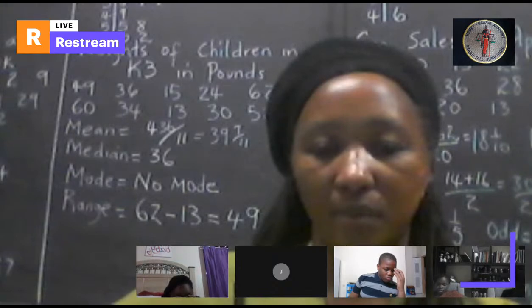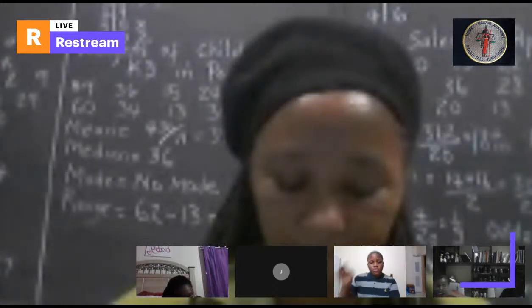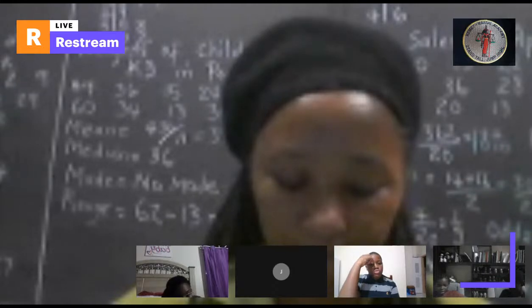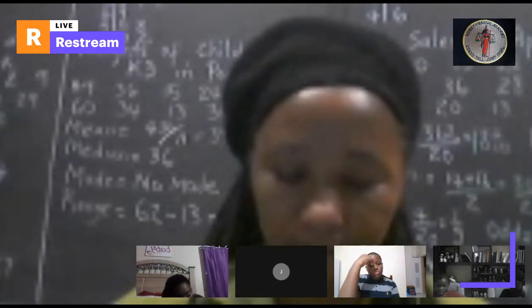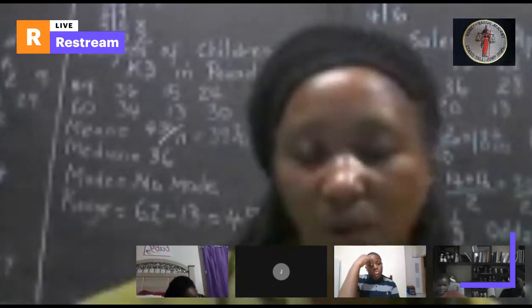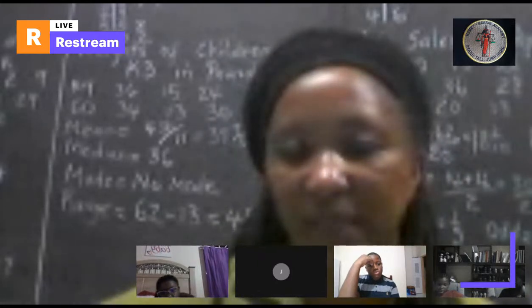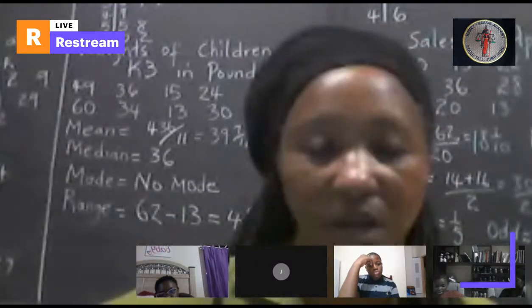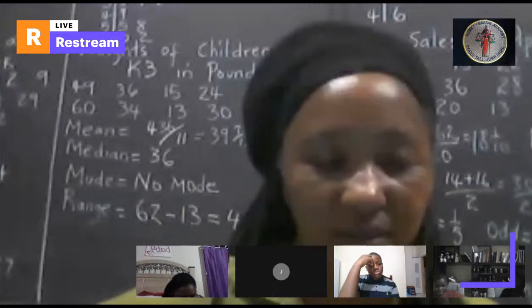Any other answer? The probability of getting a multiple of 4. How did you get 1/5? Madison and Michaela got 1/5 also. How did you get 1/5?